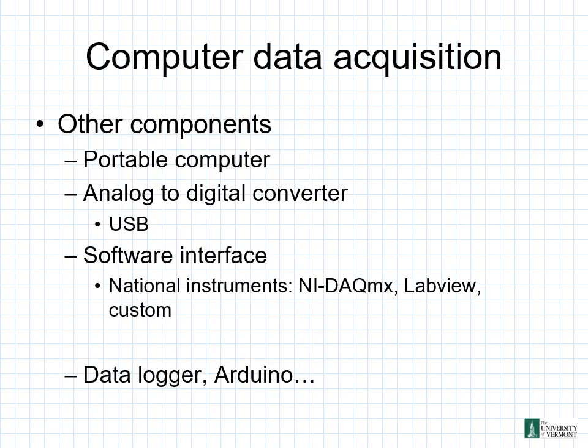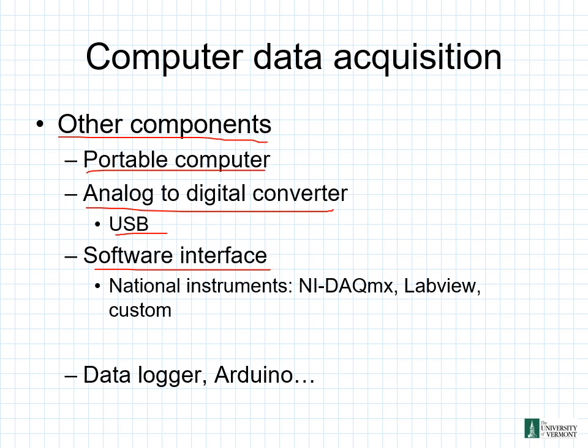So with this lab, we're going to need to record some data from our strain gauges and our strain gauge amplifier, and we'll do this with some data acquisition equipment. Some of the pieces of equipment that we're going to need are your laptop or portable computer, an analog to digital converter, a USB cable, and a software interface, which should be loaded on the portable computer, with National Instruments running our DAQ.